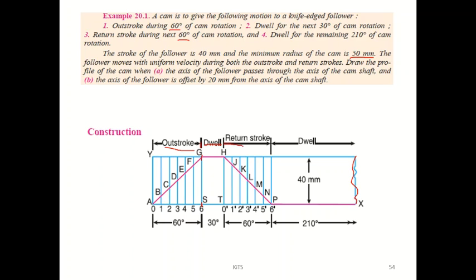Again next 6 centimeter for return stroke. The last remaining 3 centimeter is dwell. First 6 centimeter outstroke, next 3 centimeter dwell, next 6 centimeter return stroke, last 3 centimeter dwell.